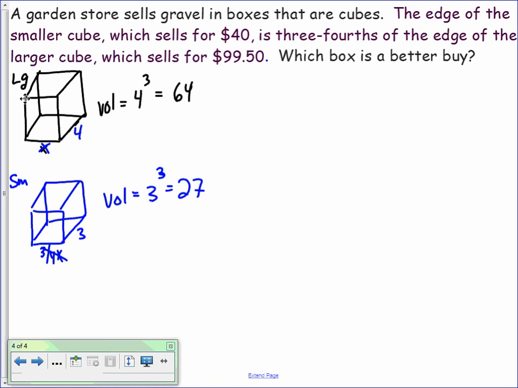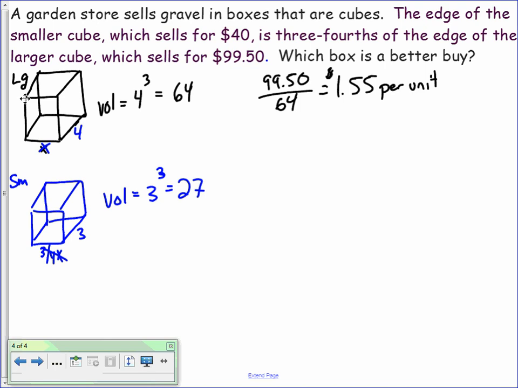So for figuring out the price, the large one is going to be 99.50 divided by 64 cubic units. And we get it's $1.55 per unit. And again, we're working with money, so we're rounding off to the nearest cent.